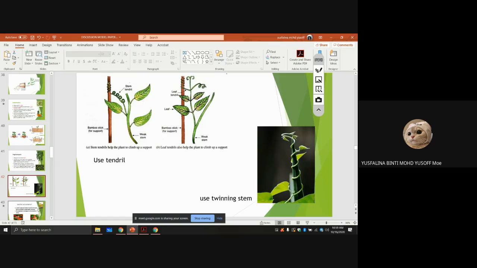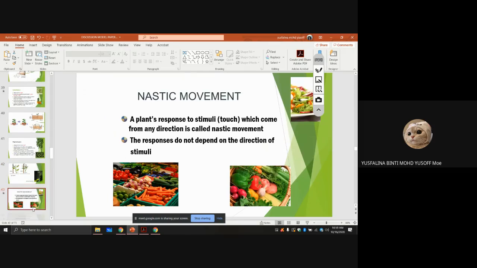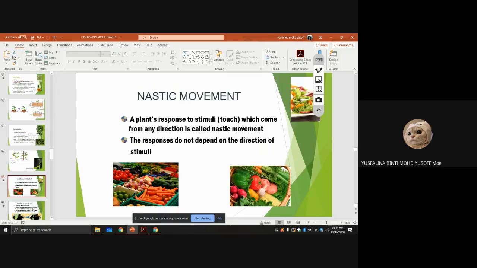And then the last one is nastic movement. This is when you touch a leaf. When a plant responds to stimuli which come from any direction, it is called nastic movement. This does not depend on the direction of the stimuli.